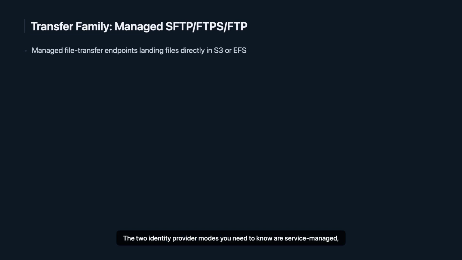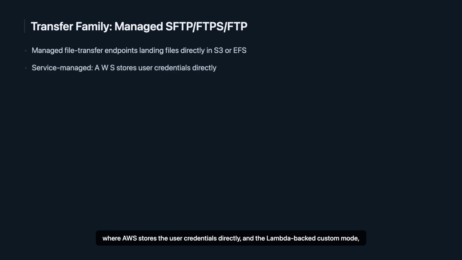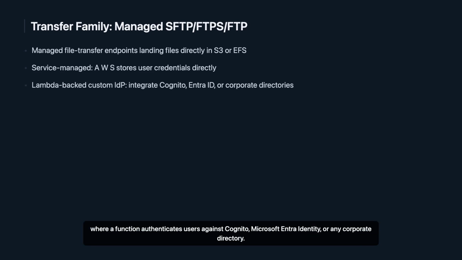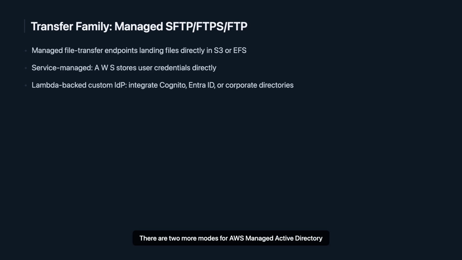The 2 identity provider modes you need to know are service managed, where Amazon Web Services stores the user credentials directly, and the Lambda-backed custom mode, where a function authenticates users against Cognito, Microsoft Entra Identity, or any corporate directory. There are 2 more modes for Amazon Web Services Managed Active Directory and an API gateway, but the 2 above are the ones tested most often.